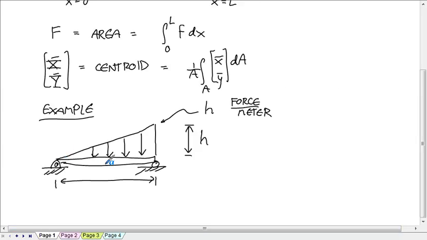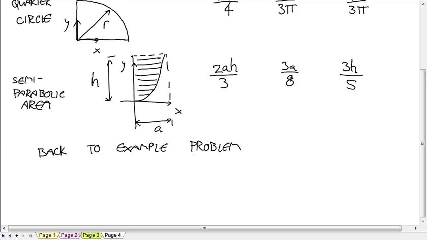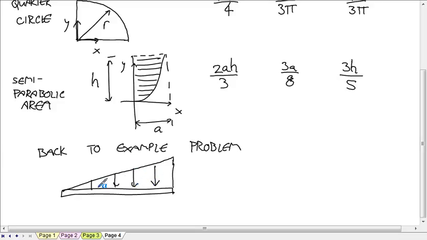So let's say that we have a triangular distributed load with a magnitude of 10,000 newtons per meter and a length of 2 meters.